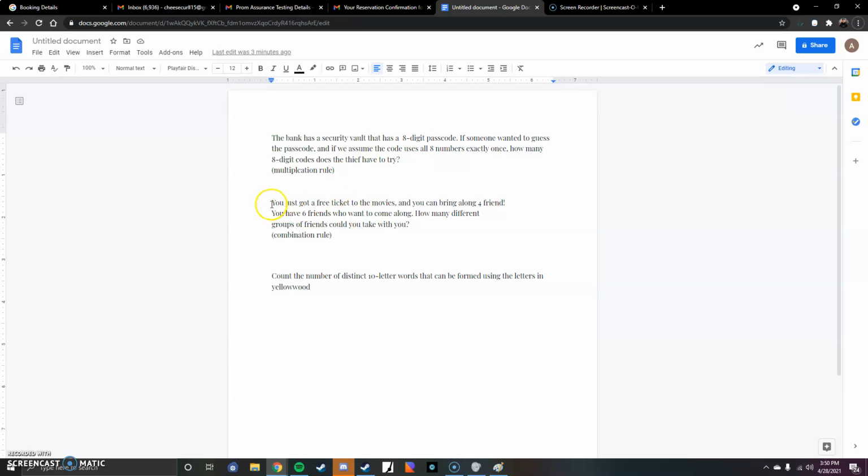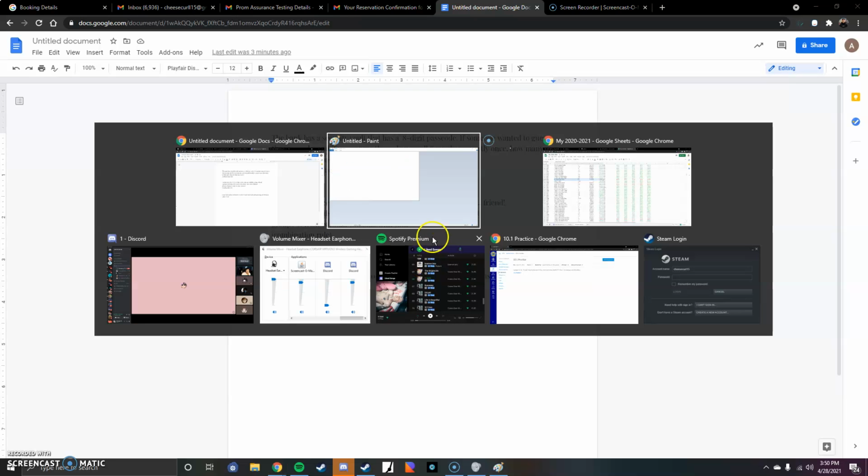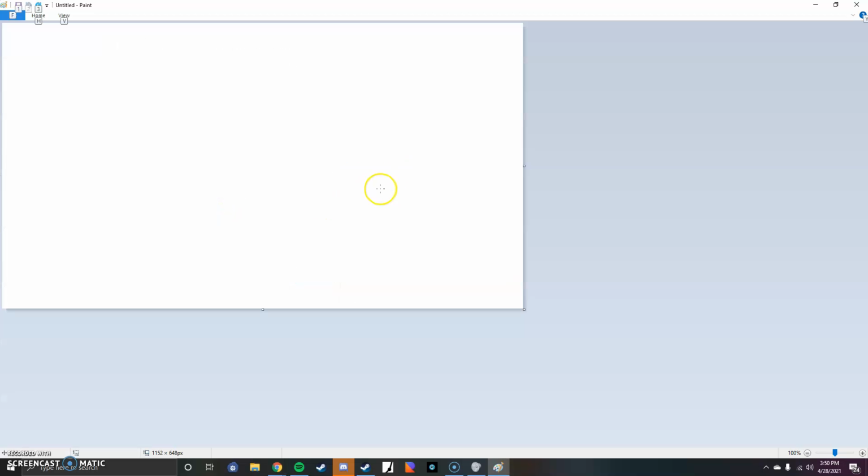And so the second problem is a combination rule. It says you just got a free ticket to the movies. You can bring 4 friends, but 6 friends want to come along. How many different friend groups could you take with you? And so with that, you would first start with a formula, which would be this right here.